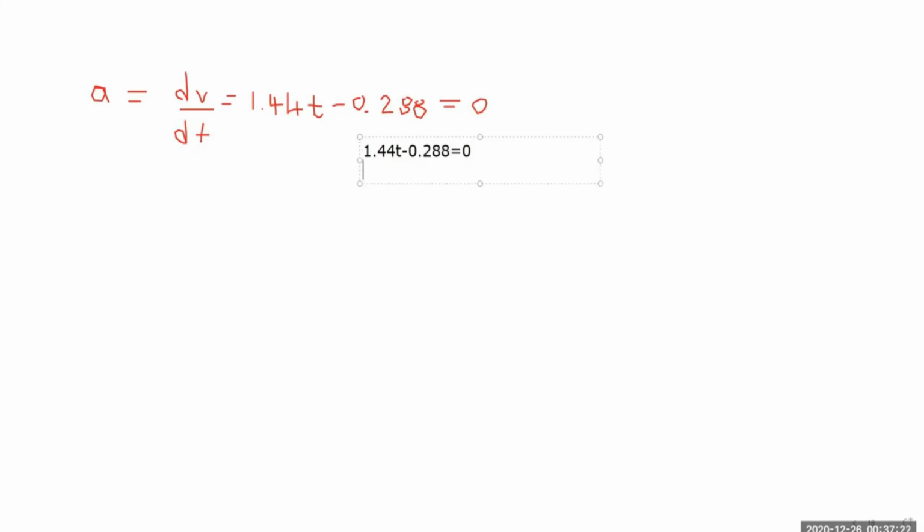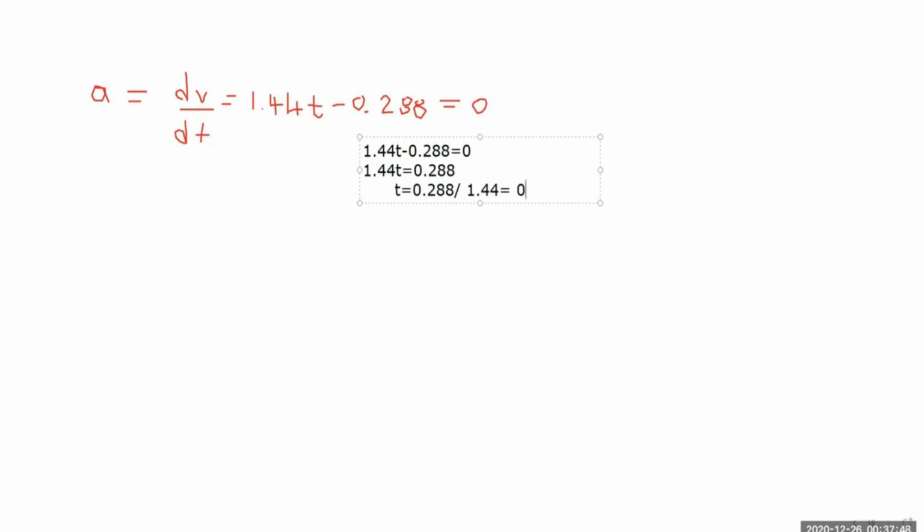We get 1.44 t is equal to 0.288, and then we divide both sides by 1.44 to get t is equal to 0.288 divided by 1.44.